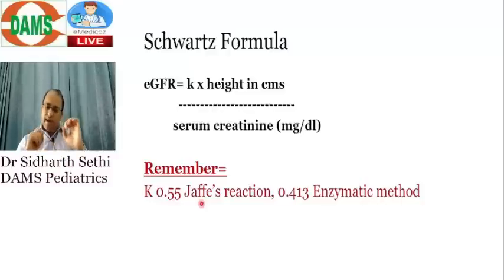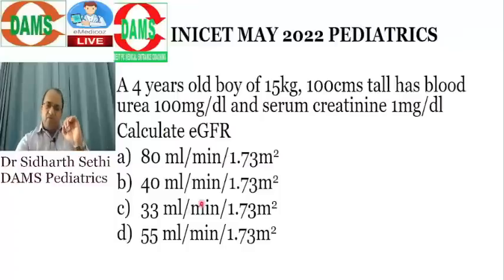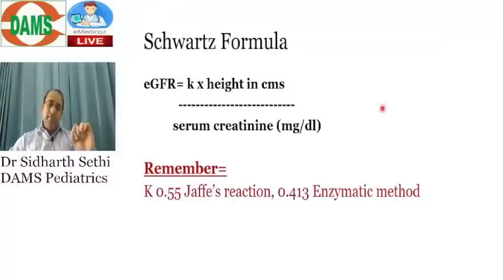Now I would say maybe AIIMS examiners would have told you that this creatinine within the brackets was measured by enzymatic method. So they should ideally tell you measured by enzymatic method. Now all of us have switched to measuring creatinine by enzymatic assay. And now the K is 0.413.